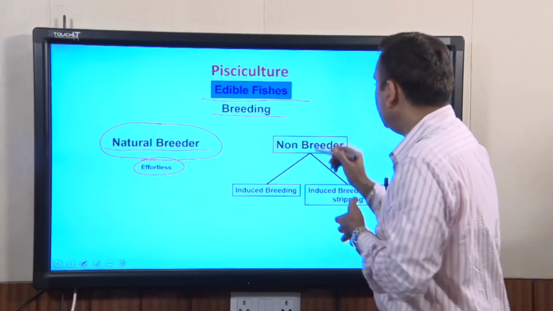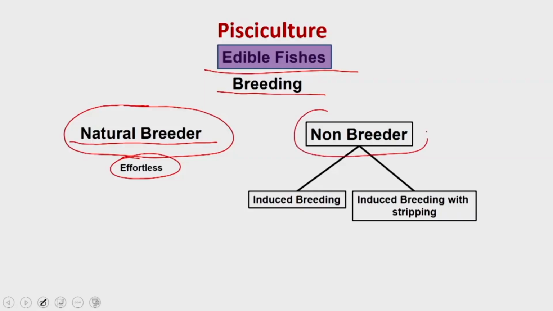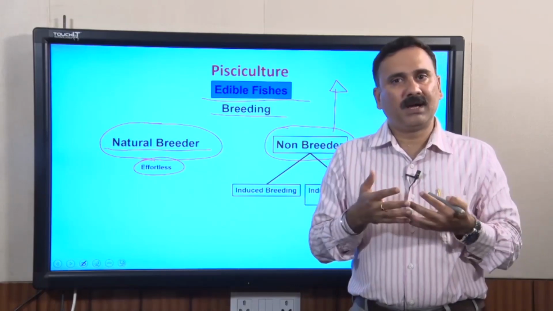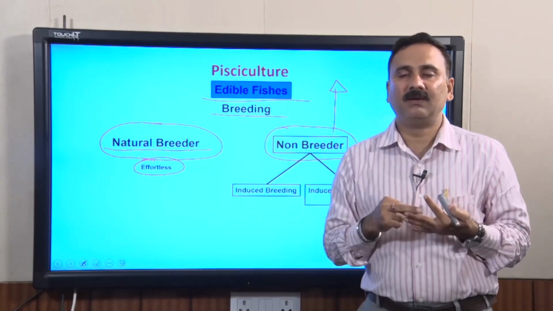On the other hand, you have the class of fishes which are the non-breeders. What I mean by non-breeder is that these fishes are natural breeders if you keep them in a river or larger natural water sources. If you keep them in the river, they are going to breed because they are acclimatized to it.